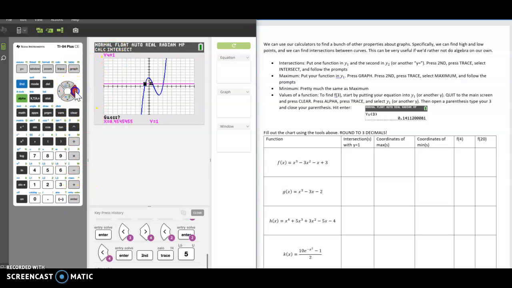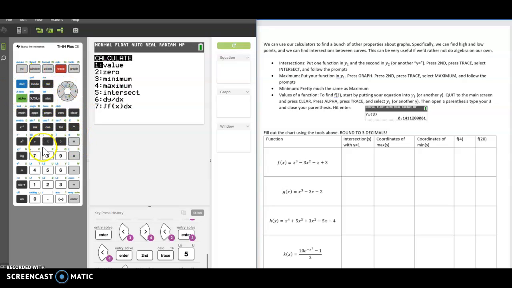And I'm going to scroll over until my guess is close to that intersection. Hit enter again. Bam! I get 0.7459, but look, that's an 8, so it rounds up. So I'm going to write 0.786 right here. So my first answer is negative 0.861. The next one is 0.746.